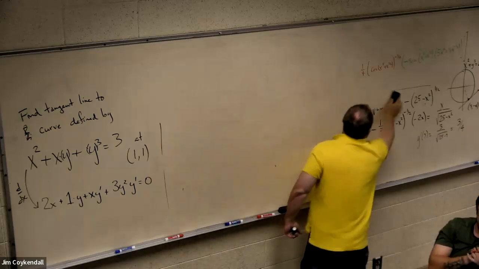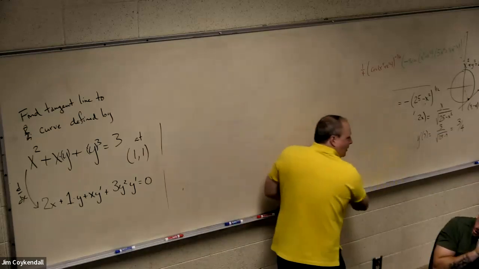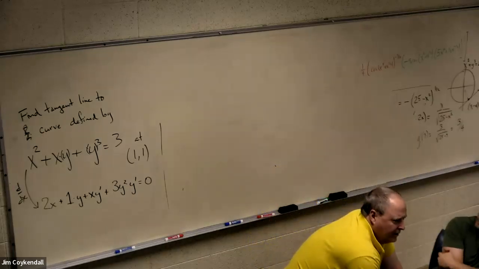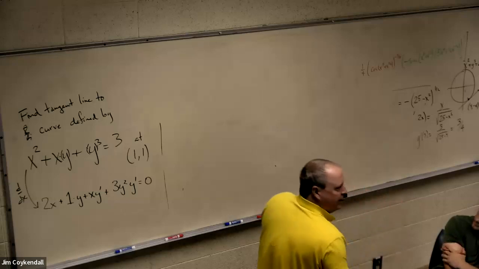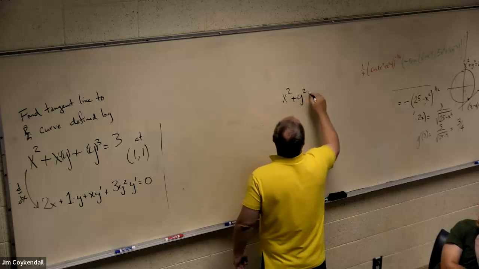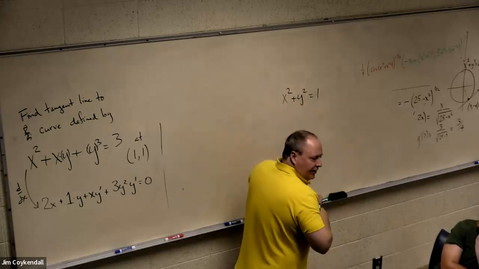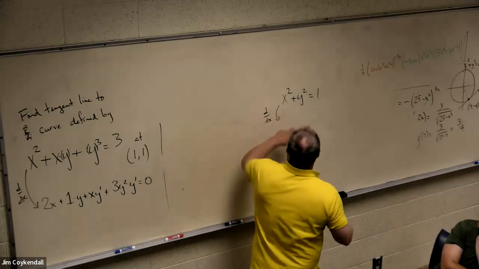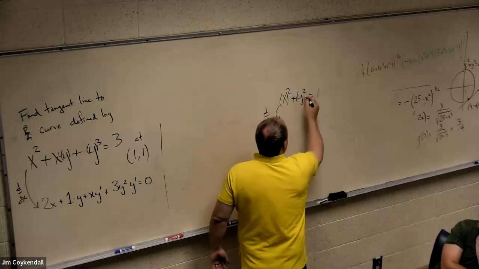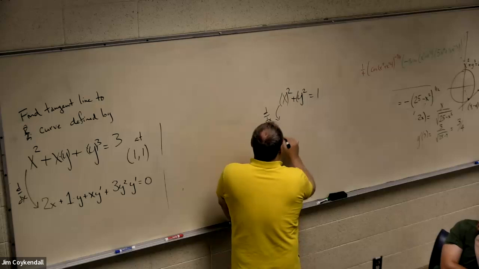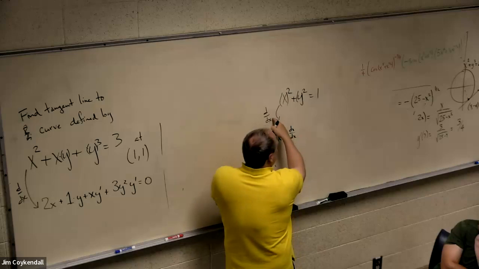By the way, how many of you are a little bit confused about where that y prime comes from? Does that bother you a little bit? Okay, let me straighten that out. You actually do this all the time, you just don't realize it. Let's take the derivative of this with respect to x. Let's do the chain rule and be super explicit about it. The derivative of x squared is 2x to the first times dx/dx.